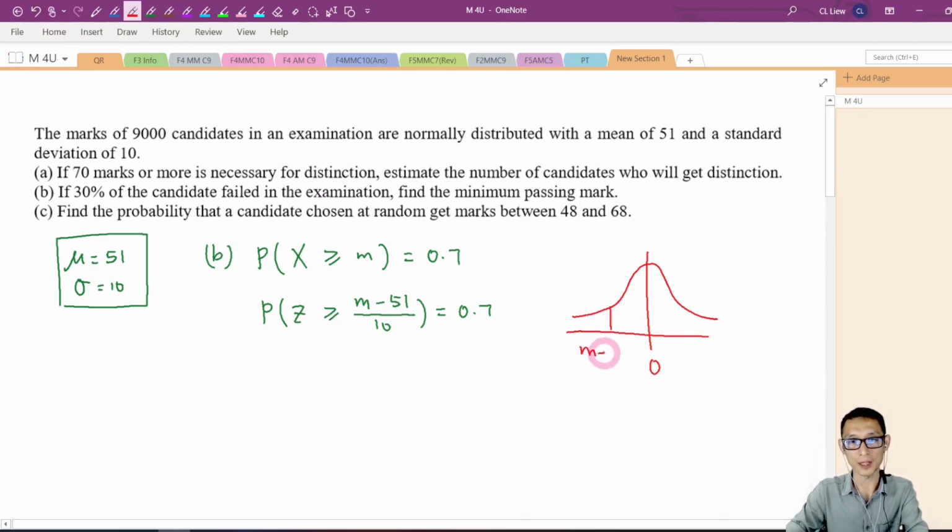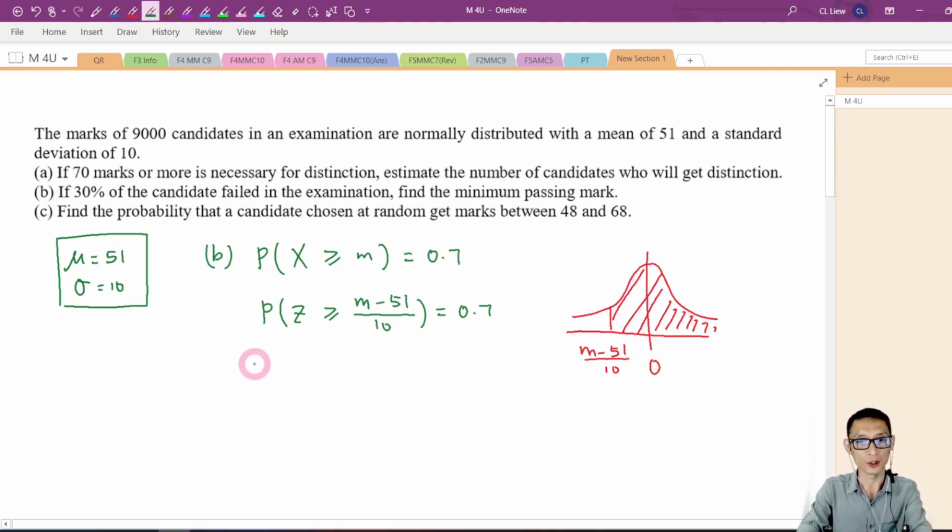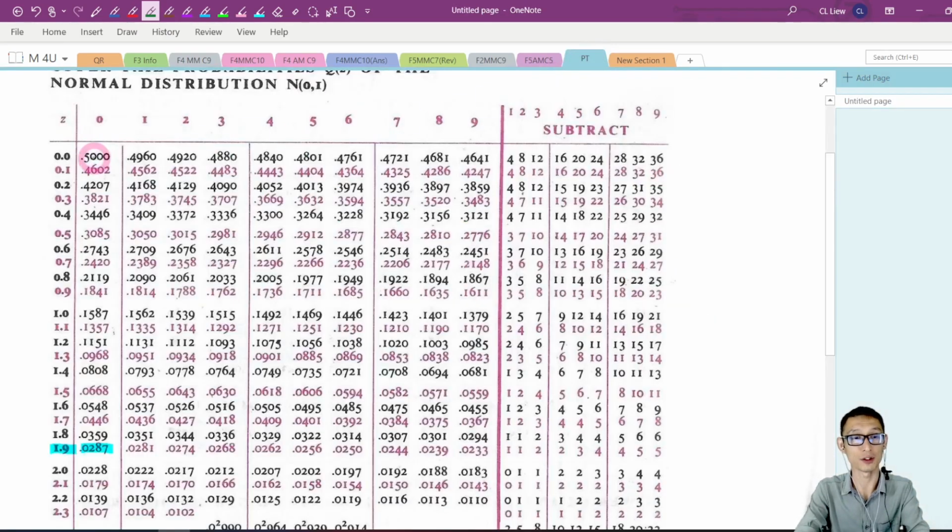So M minus 51 divided by 10. This is more than 0.5, right? So the given probability here is 0.7. How do we get this probability? We take 1 minus 0.7. You are not able to get the answer from the table because the maximum here is only 0.5.